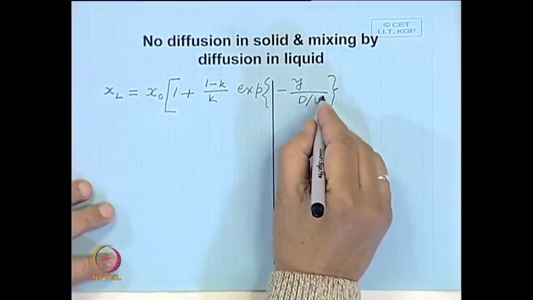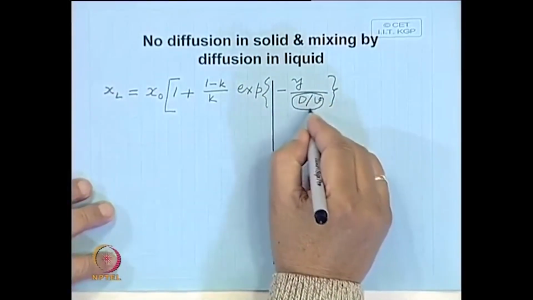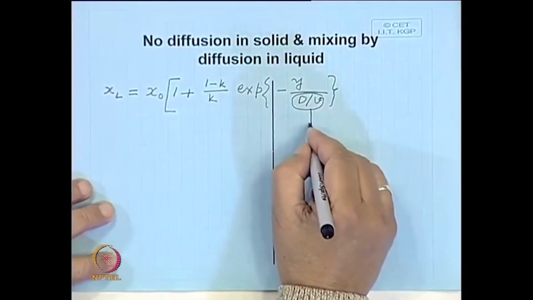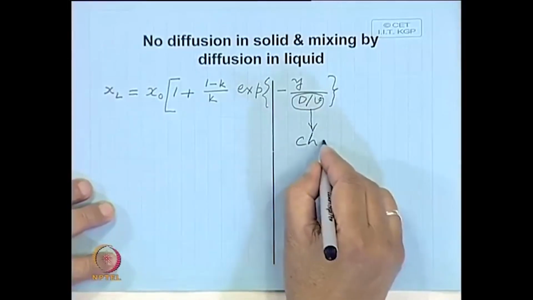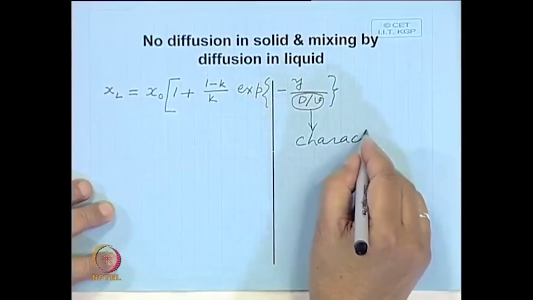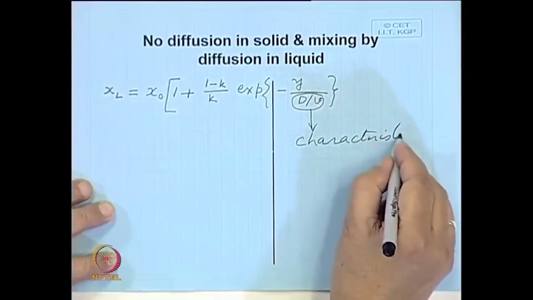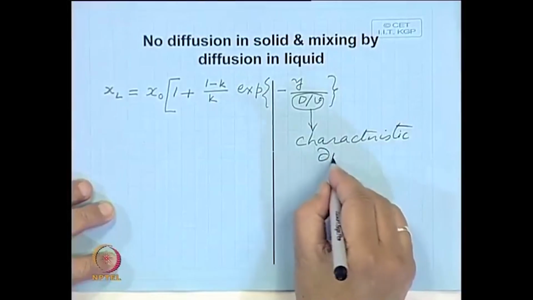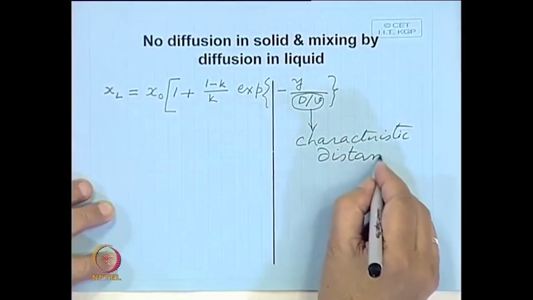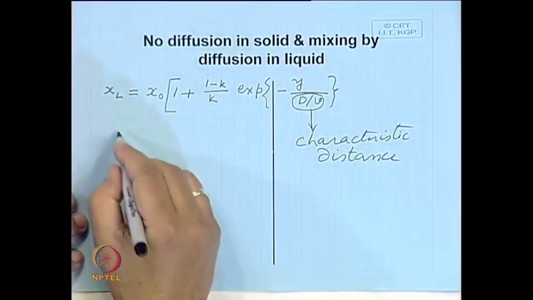Now, look at the dimension of d by v: it is that of a distance, and this is called a characteristic distance for the concentration profile.